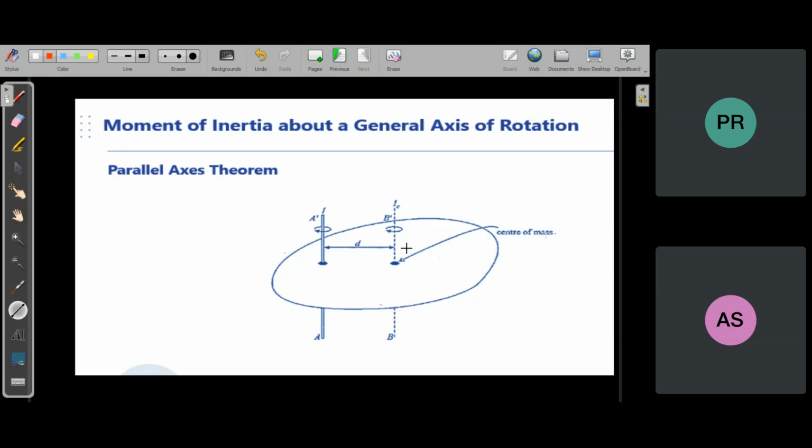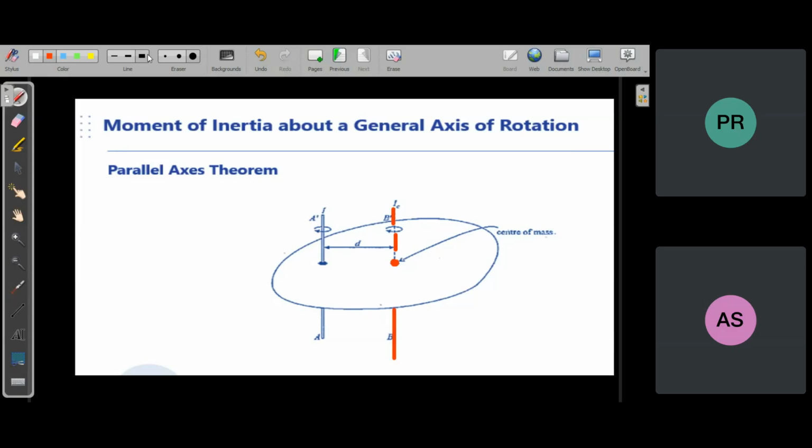First of all, suppose that this is the center of mass of this whole body. And let's say that this is an axis passing through the center of mass of the body.